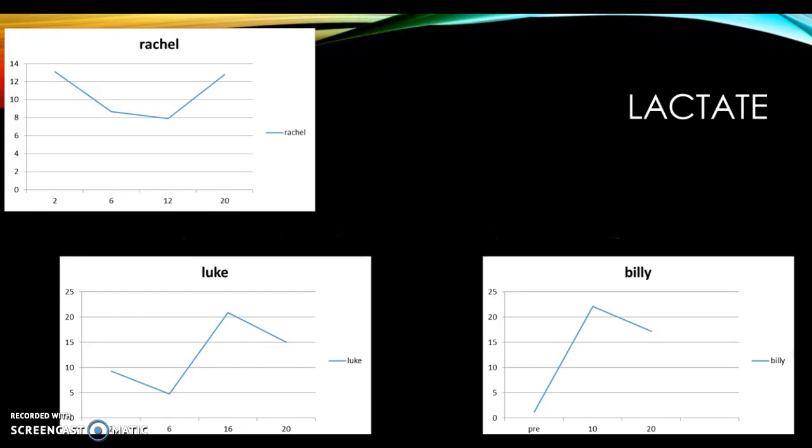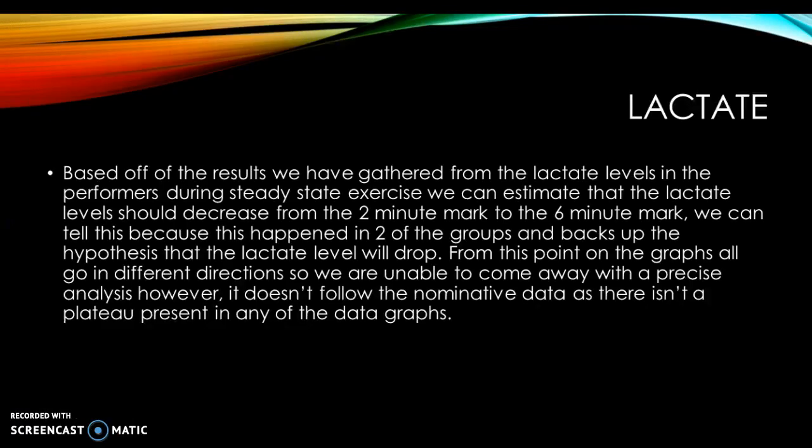These are the graphs made from the data of the lactate of the three participants. Based off the results we have gathered from the lactate levels in the performers during steady state exercise, we can estimate that the lactate levels should decrease from 2-minute mark to the 6-minute mark.